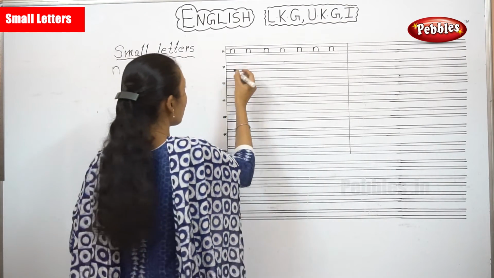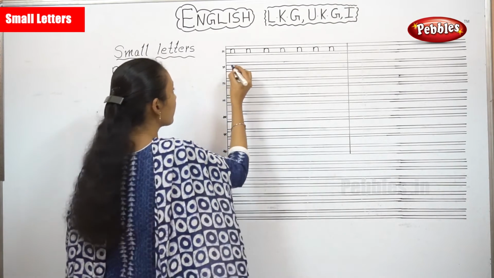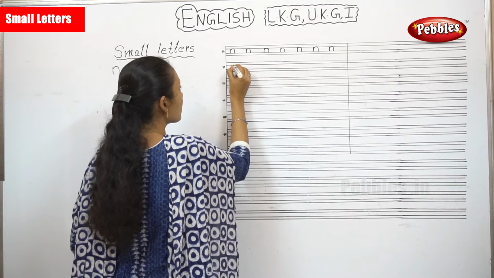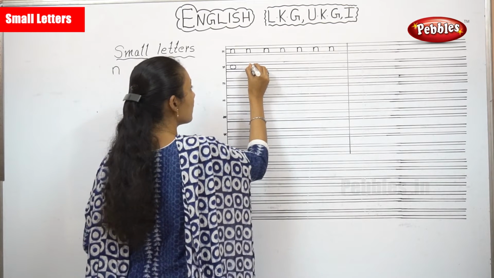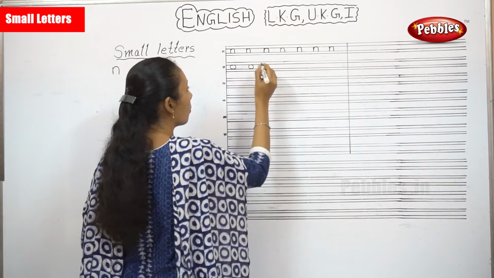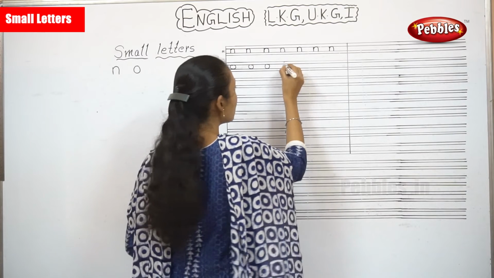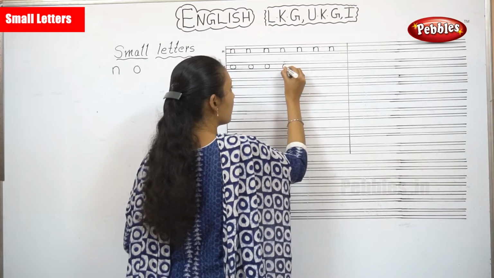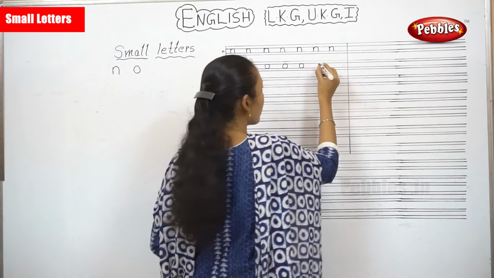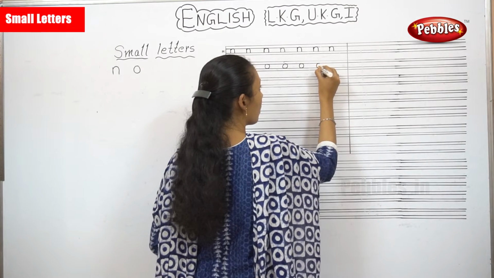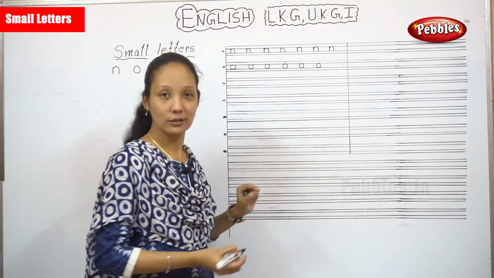Yes, the same way, you will use only your second line and your third line. A small circle, this is small letter O. Once again a small circle, a small letter O. Once more I will show you small letter O. You write your O into your second line and your third line.